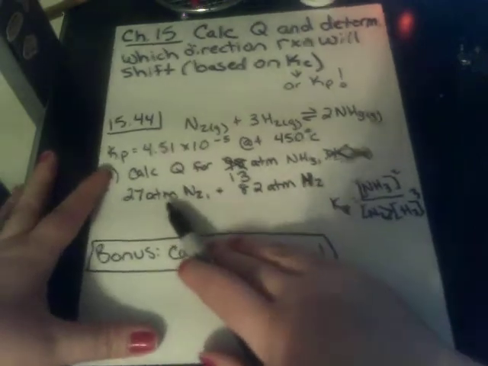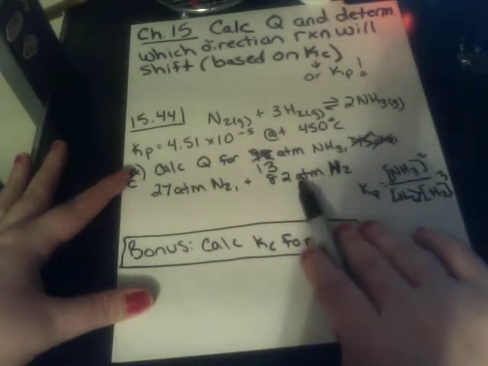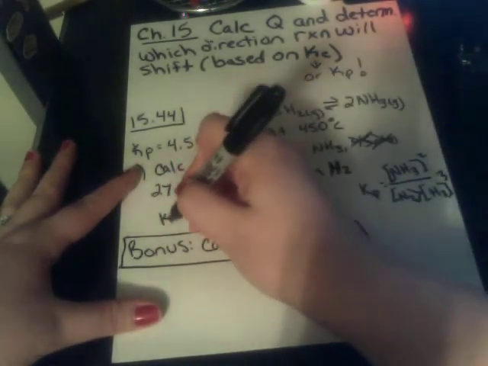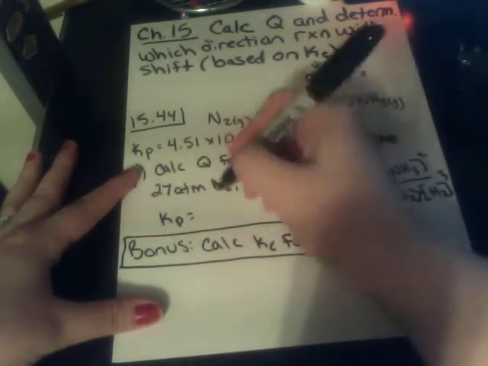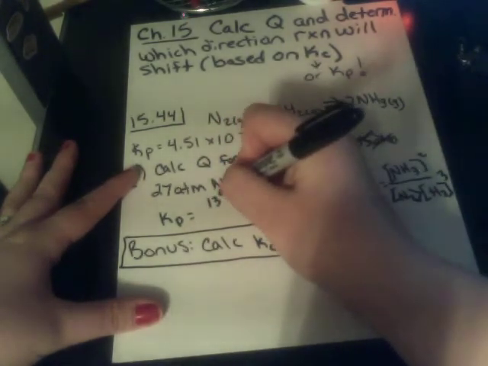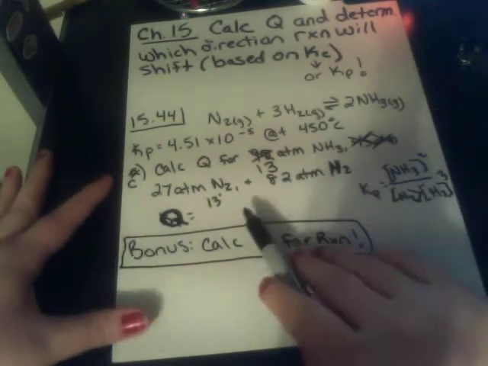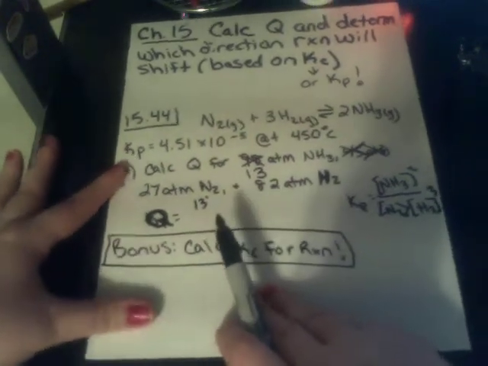So pressures are for NH3, so the K sub P is going to really be equal to whatever 13 squared is, or sorry, the Q. Sorry, the Q. And why is this a Q? Because we don't know if these numbers are at equilibrium just yet. We're going to actually find that out.